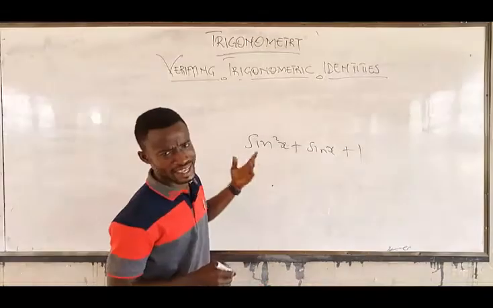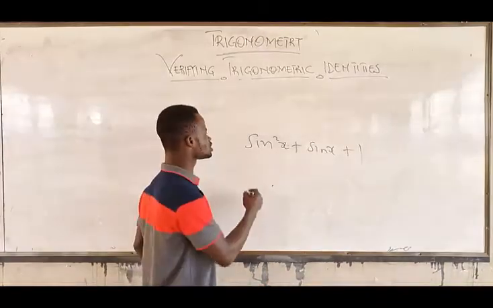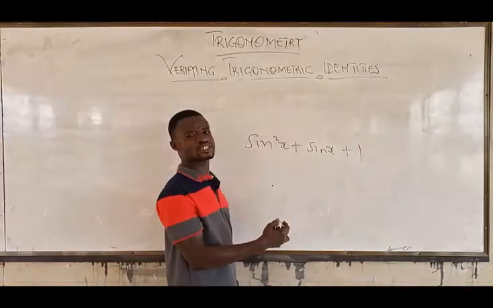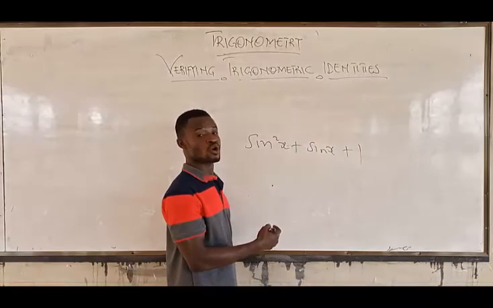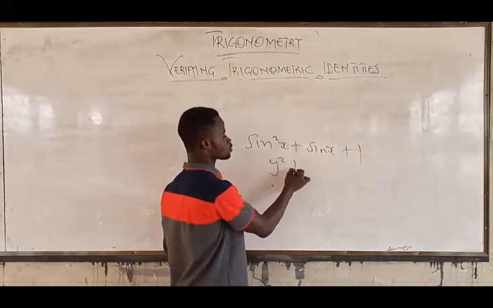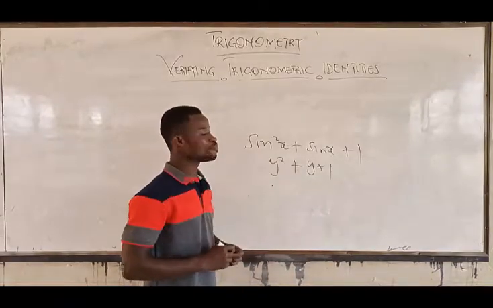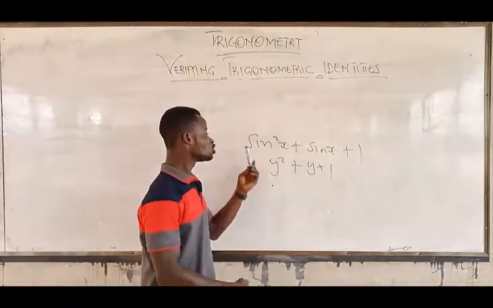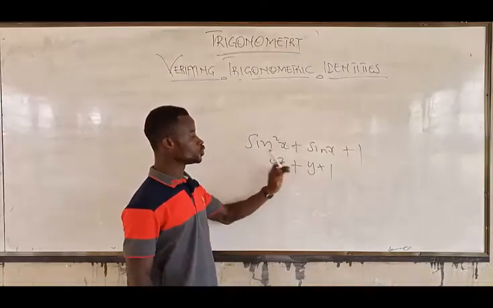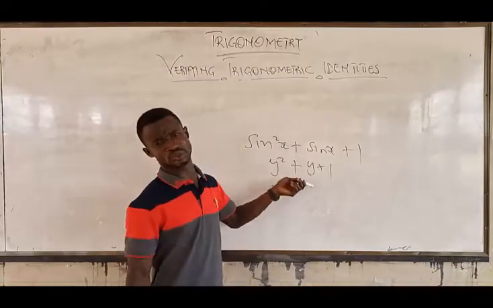Now, this is in the form of a quadratic equation whereby if you put sin x to be equal to y, we are going to get y squared plus y plus 1. And this can be performed by factorizing it. So you can use the idea of factorization to do this.